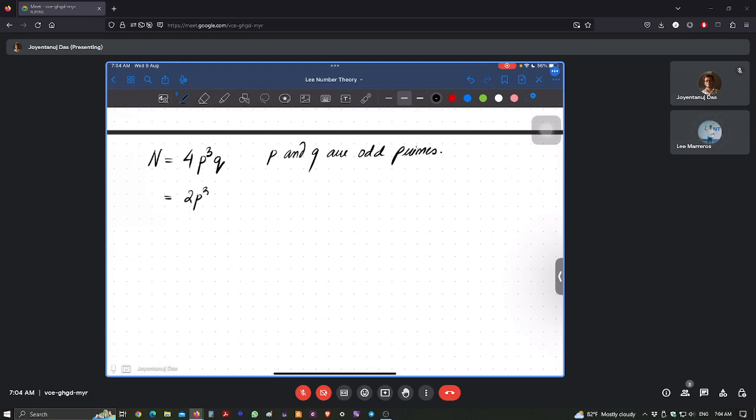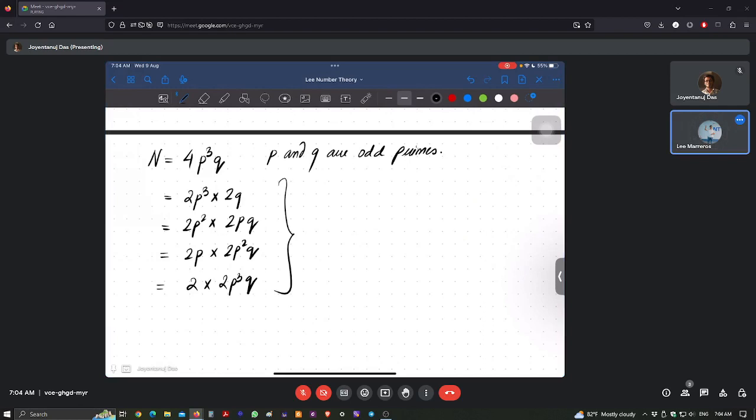We have 2p into 2q, then 2p squared into 2pq. Then 2p into 2p squared q. And finally we have 2 into 2p cubed q. So this also has 4 different factorizations, where p is not equal to q.